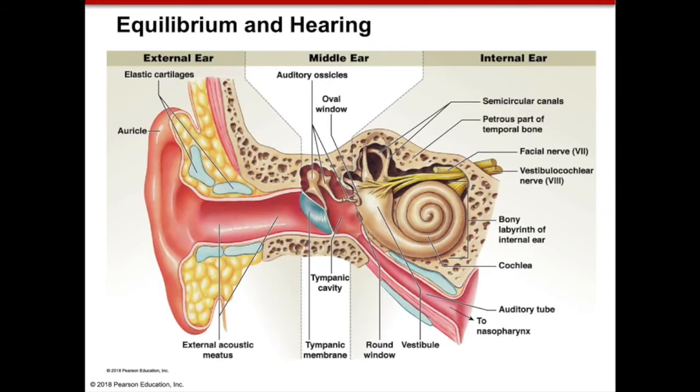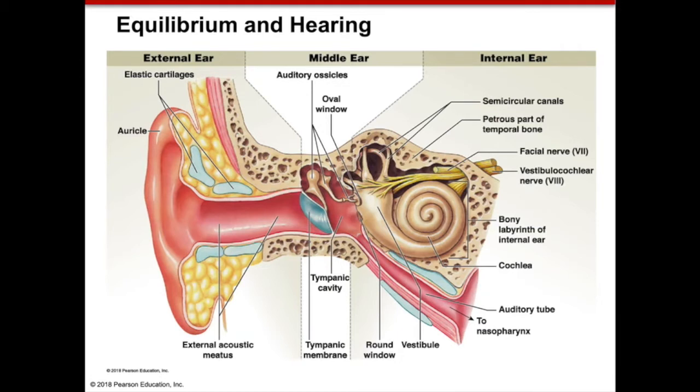So moving to equilibrium and hearing, we need to now know the anatomy of the ear. The anatomy of the ear is very simple, and this is the picture. You have to know all the structures that are labeled in this picture.